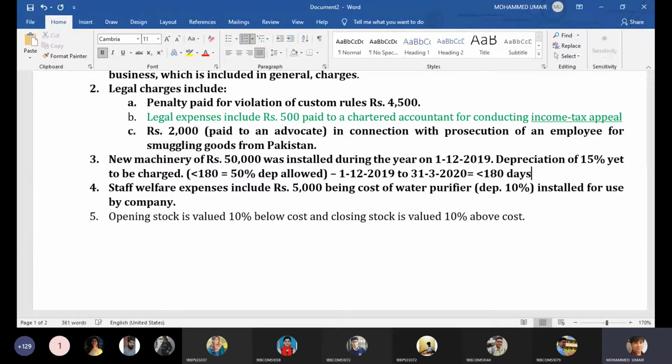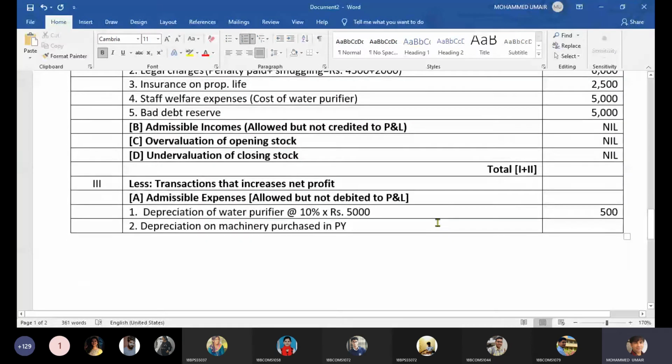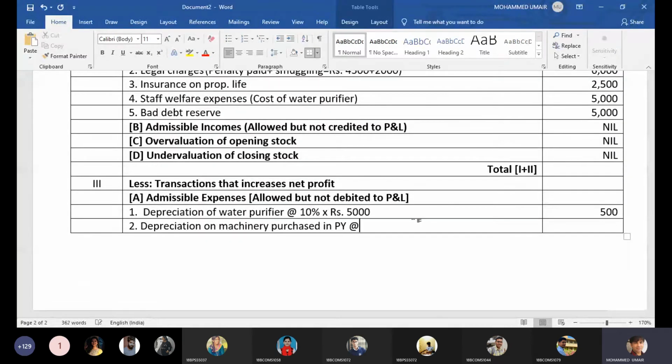Okay, and therefore the rule says if the machine is put to use during the previous year for less than 180 days, then you can charge only 50% of the depreciation. So at 15% into rupees 50,000, the value of the machinery, into half. You can also write 50%. So we are charging half the depreciation because the machinery is used for less than 180 days.